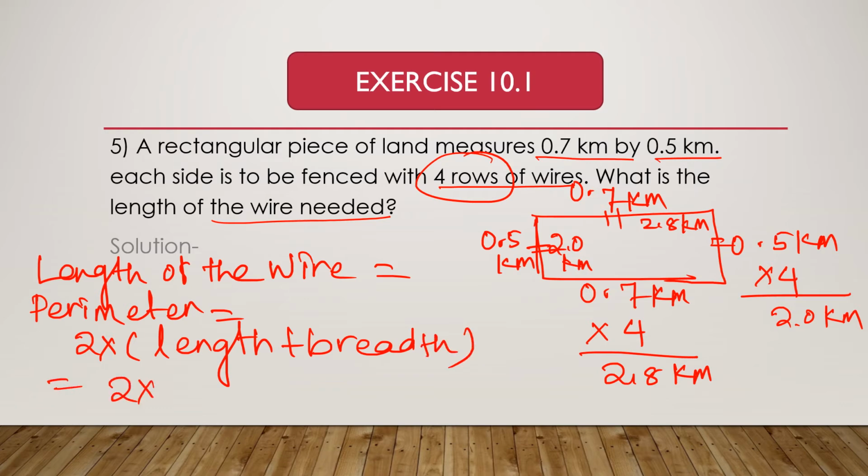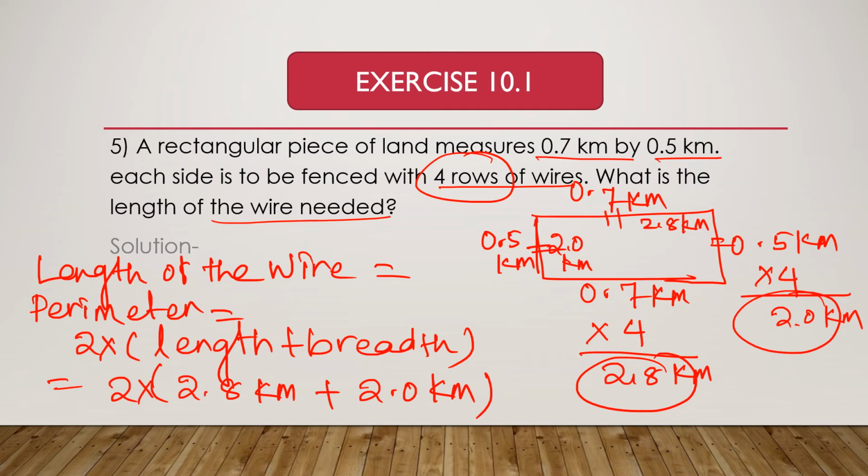Length is 2.8 kilometers and breadth is 2.0 kilometers. 2 multiplied with 2.8 plus 2.0 is 4.8 kilometers and 2 multiplied with 4.8 kilometers is 9.6 kilometers. So length of the wire needed is 9.6 kilometers. That is the perimeter of the rectangular piece of land.